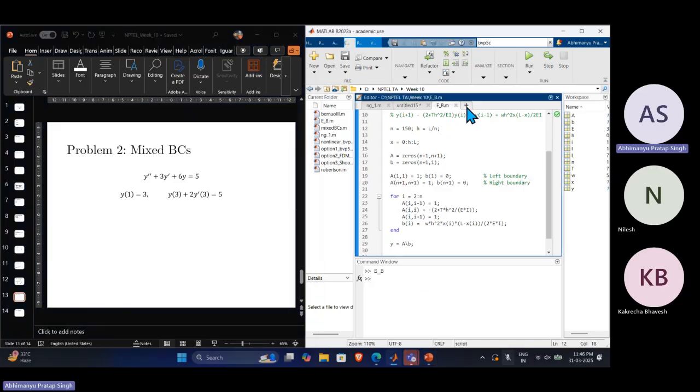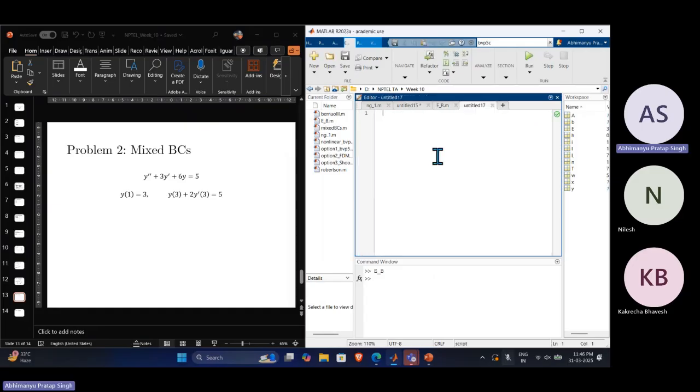Let us try to do this. So let us first create the functions.